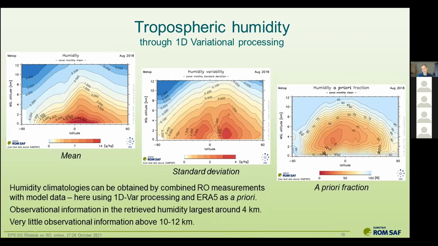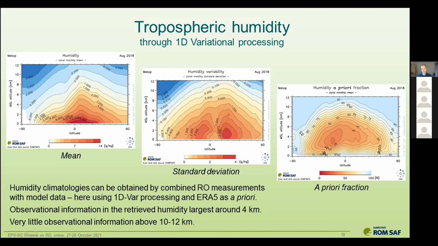It's a sort of quantification of the amount of model data that has gone into computing this humidity, because as was discussed yesterday, and I think Sean also mentioned it, these dry variables, bending angle, reflectivity, those variables are very close to pure observations. For humidity, we need some additional information from a model to be able to separate the influences on the refractive index from humidity and temperature.